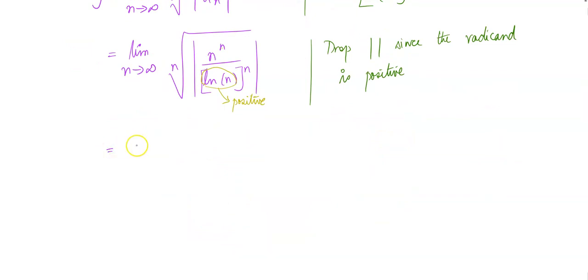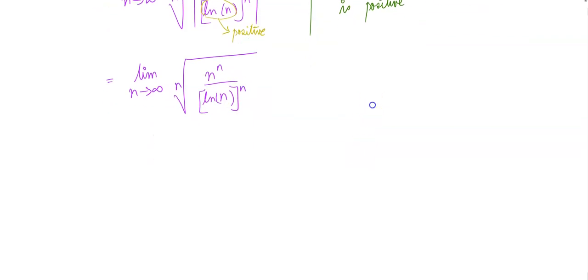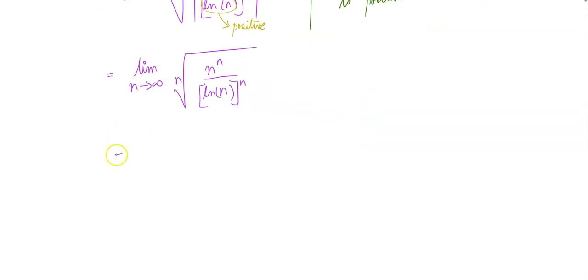And once we are assured that it's okay to drop the absolute value bars, then you have the nth root of n power n over (ln n) power n. Now we know the drill. Because both the numerator and the denominator carry the same power, they can share the same power under a single fraction. So (n over ln n) power n, for a common power.